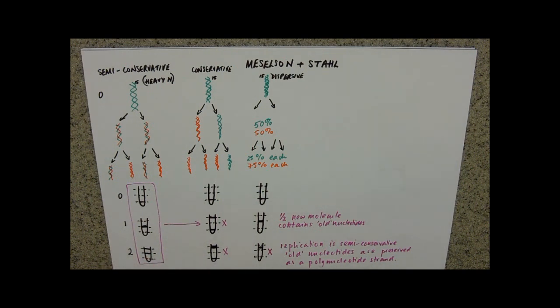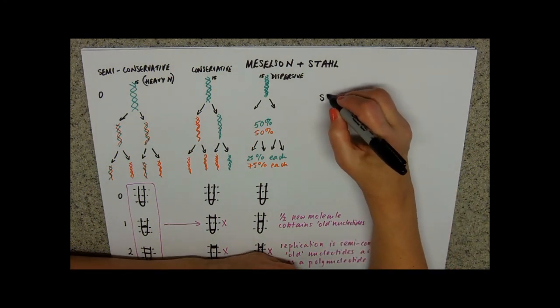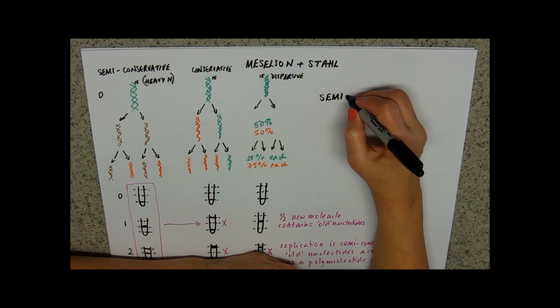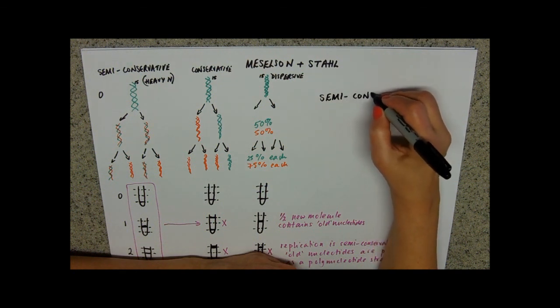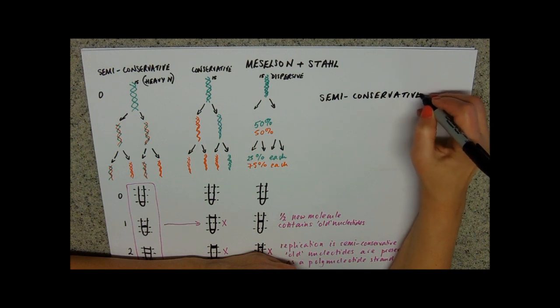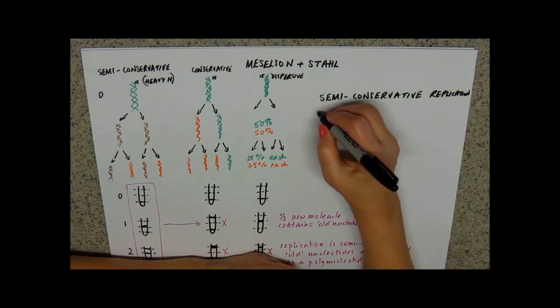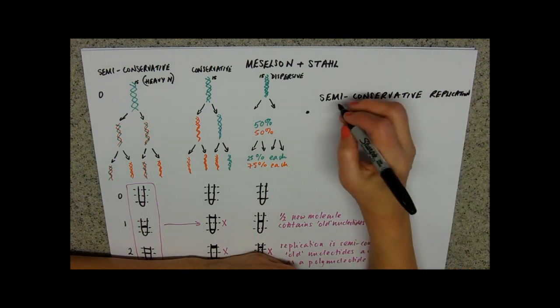But let's just have a nice definition of semi-conservative replication. So these are the 2 guys that show that this is how it's done. There's kind of 2 bits of this definition. There's one that's sort of how it happens.